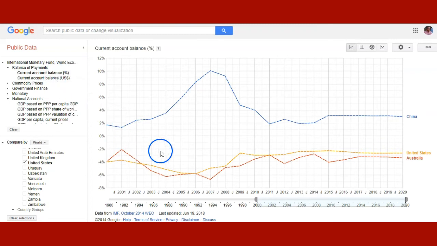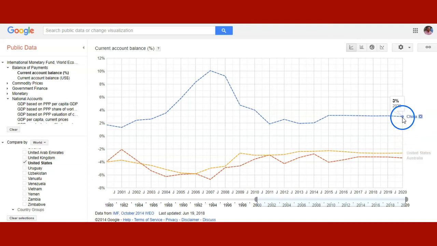Okay, and what we see there is, in the case of Australia and the United States, they are negative, meaning that there is more money flowing out of Australia and the United States than is flowing in the form of trade, income from investments, and interest on loans.